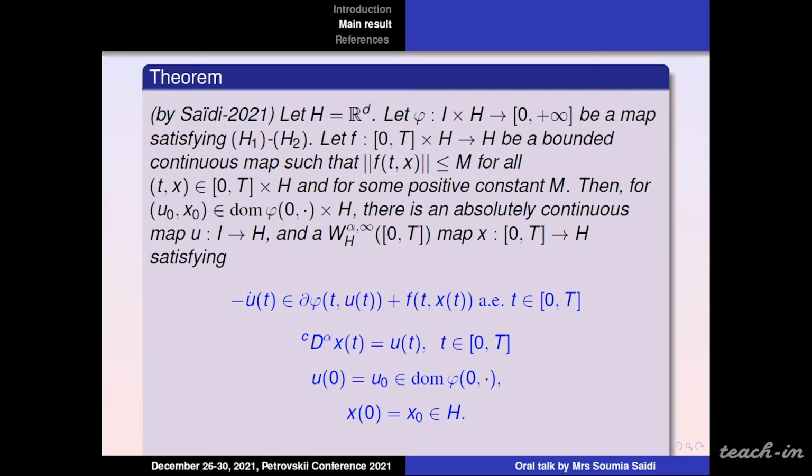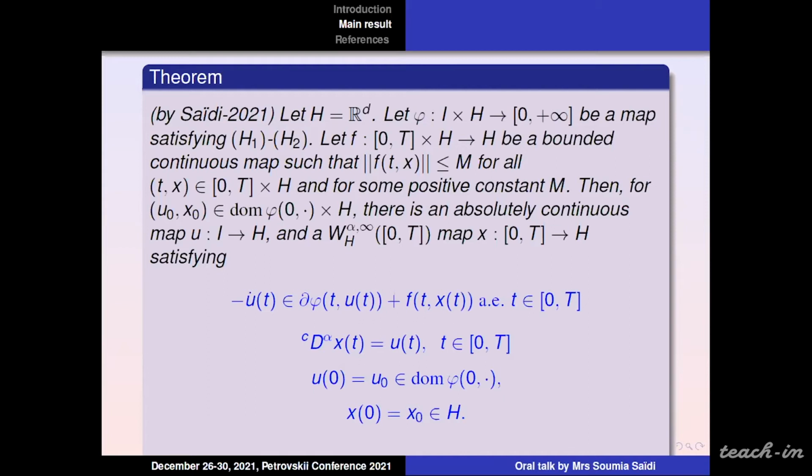Then for an initial condition (u0, x0) such that u0 belongs to the domain of phi at 0 and x0 is in H, there is an absolutely continuous map u and a W^{alpha,infinity} map x, such that we have this coupled system involving a differential inclusion by the subdifferential of a time-dependent function, plus a perturbation which is single valued, and a differential equation with Caputo fractional derivative, and of course the initial conditions.